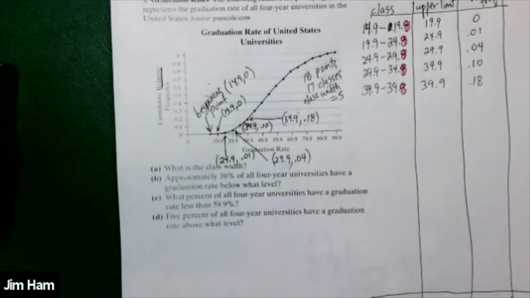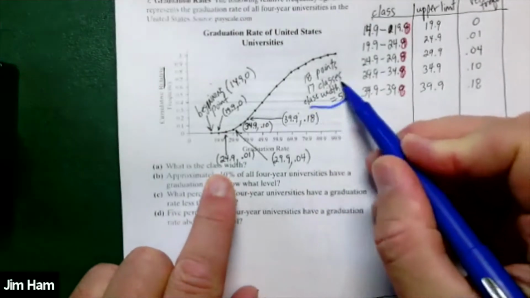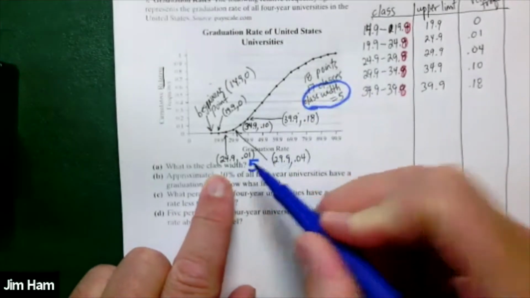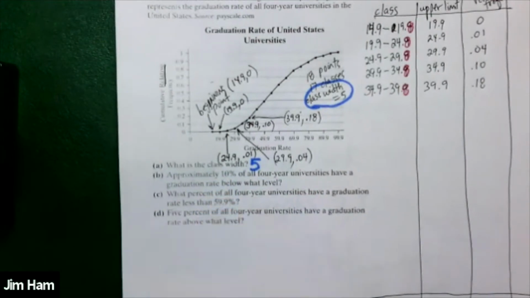Let's see if we have enough information to go and answer the questions. First one, A, what is the class width? Well, we identified the class width there. It's 5. Now, the beauty of the ogive is that it allows us to interpret a graph and ask how many data values are below a given x value.